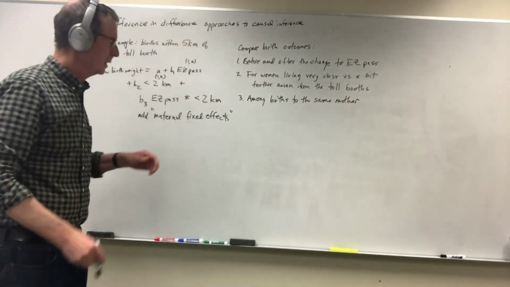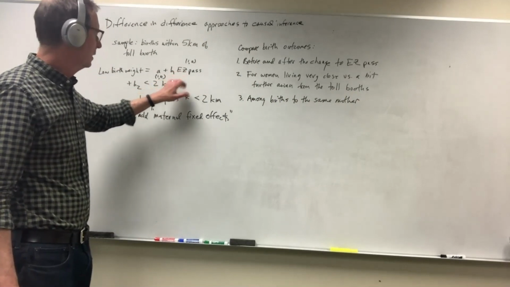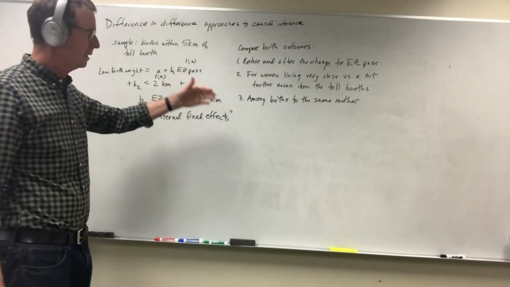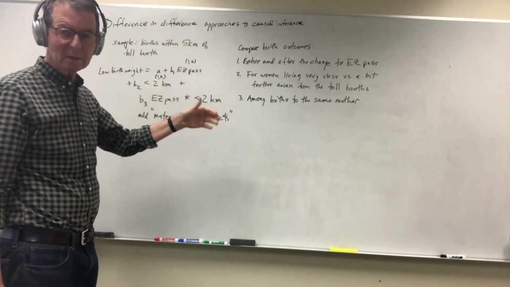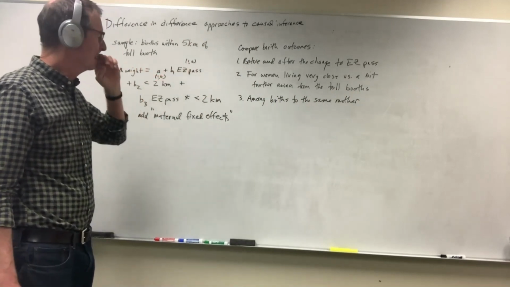Let's suppose one birth came after E-ZPass for moms living within 2 kilometers, and another one was before. So for that same mother, what is the change in the chance of low birth weight and prematurity?